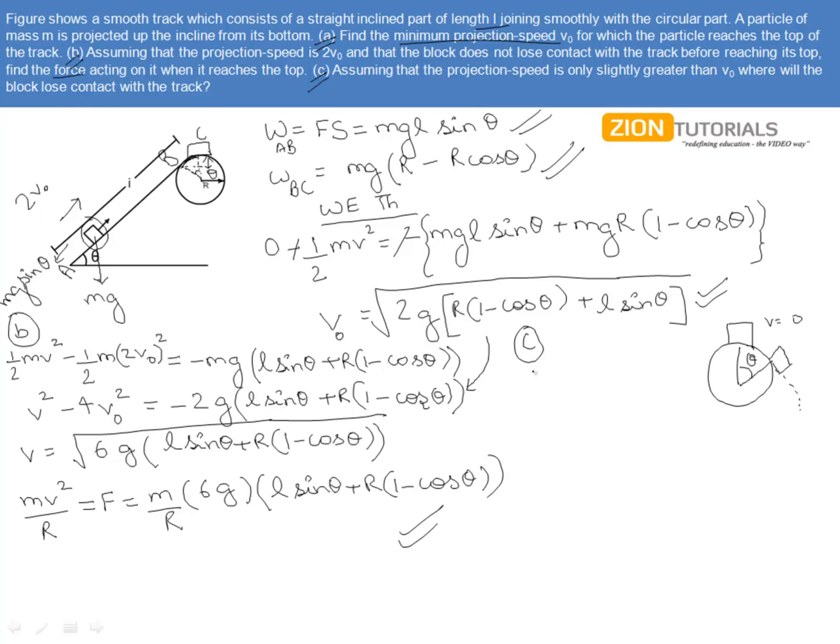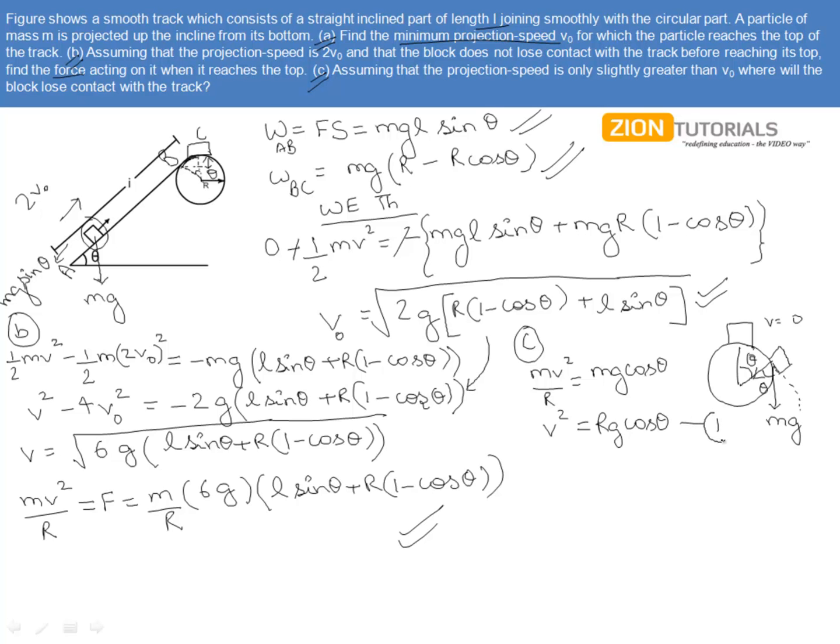So we can write that the centripetal force m v squared by r at that point will be mg cos theta. Why is that? Because mg will be downwards, so this will be theta because of alternate interior angles, and so the component of mg along the center will be mg cos theta, which will provide the required centripetal force, giving us v squared equal to rg cos theta.